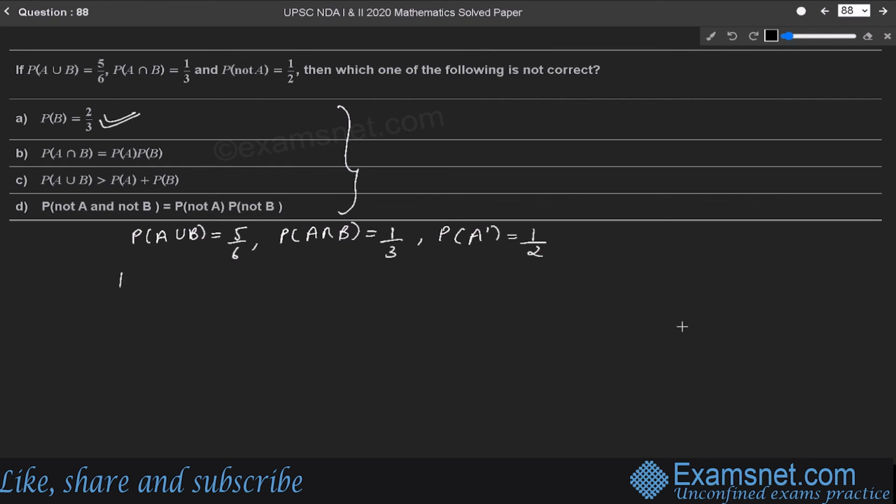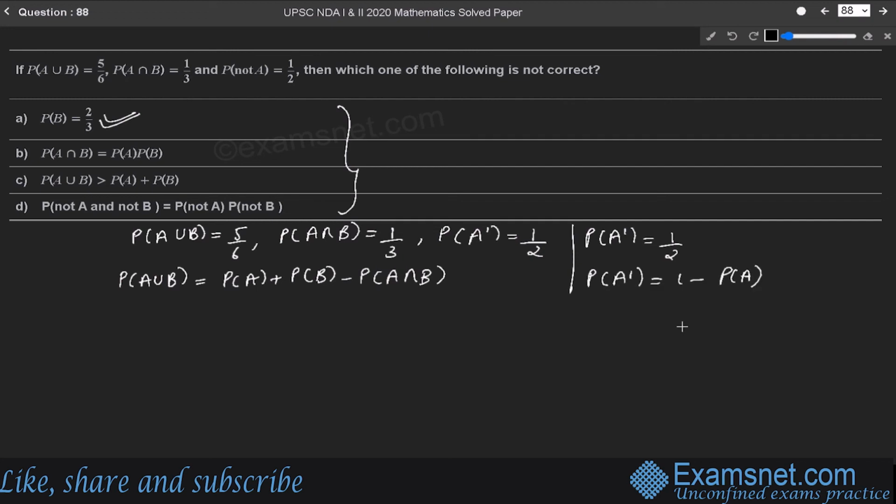There is a formula in sets which is P of A union B is equals to P of A plus P of B minus P of A intersection B. We have the values of P of A union B and P of A intersection B, but we do not have the value for P of A. But it is given that P of A dash is 1 by 2 and we know that P of A dash is 1 minus P of A. So 1 by 2 is 1 minus P of A. It means that P of A is equals to 1 minus 1 by 2, which is 1 by 2.